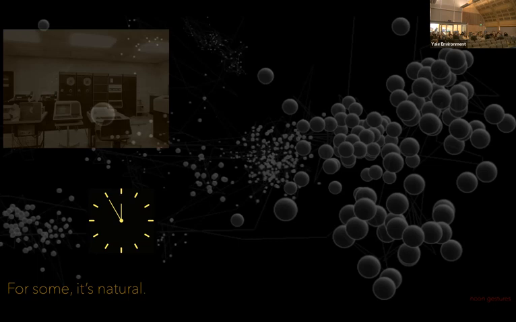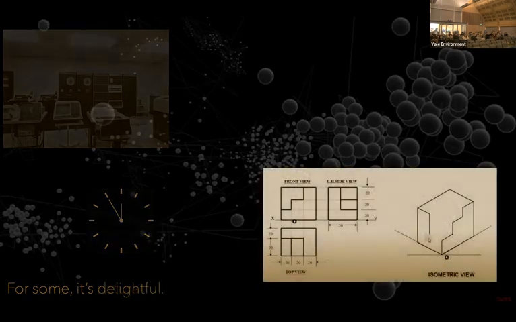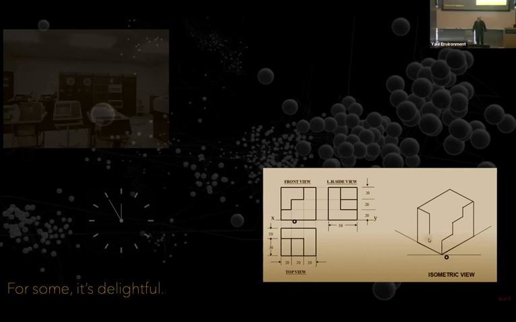There are some people who are perverse enough to delight in this sort of thing. People for whom a standard exercise in a mechanical drafting class like this is just basket weaving. They love to do it.